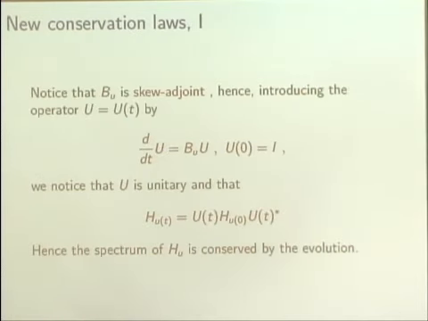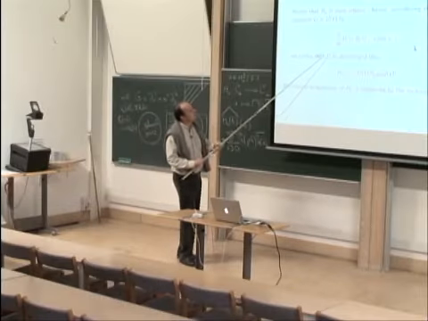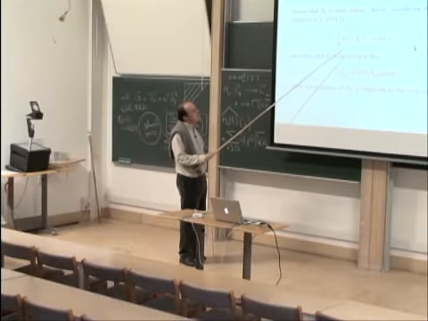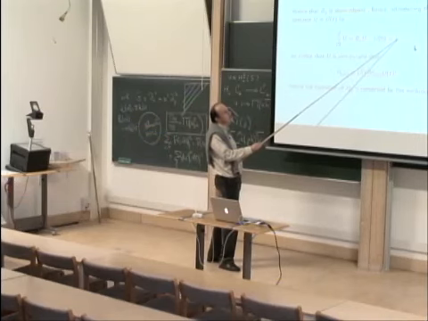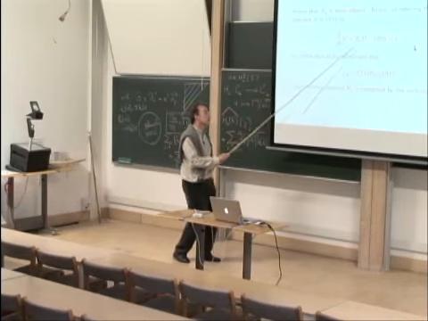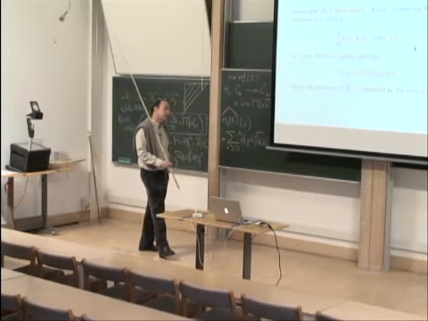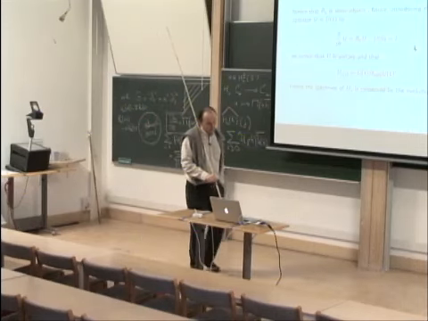What is the consequence? Well, the consequence is clear because you have this skew-adjoint operator. So if you look at this one parameter family of operators which just solve this linear equation, I assume that you have this function u, small u, which solves this equation, and you look at capital U, which is an operator, which is the identity at time t equals 0, and we solve this operator-valued evolution equation.